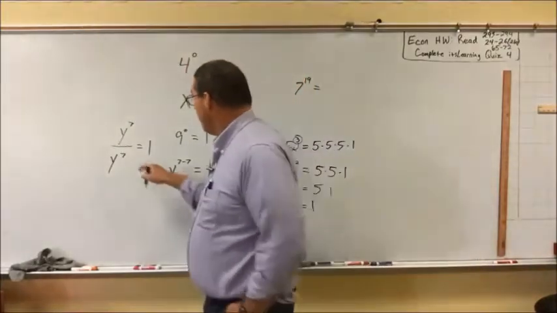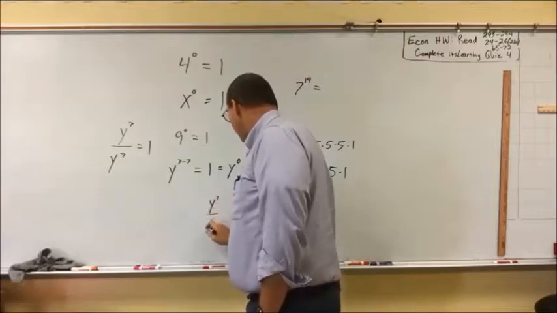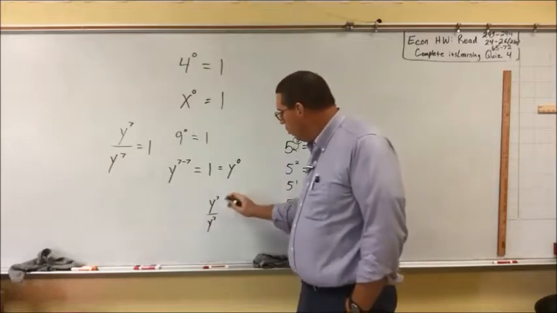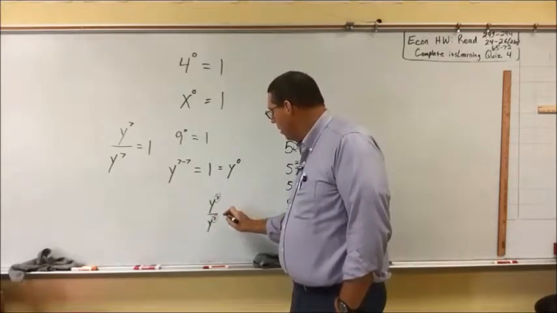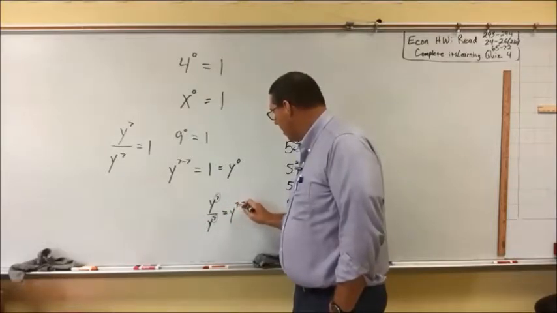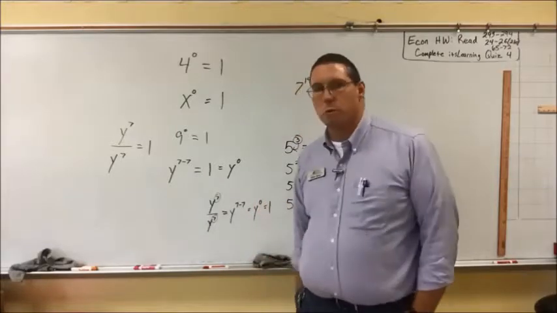Well, look at this. Isn't this y to the 7th over y to the 7th? Based on the rule we learned, rule number 3 of exponents, wouldn't we subtract the top exponent minus the bottom exponent? So this would be the same thing as y to the power of 7 minus 7, which would be y to the 0 power, which is equal to 1.